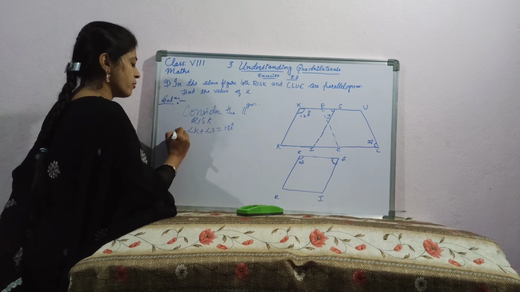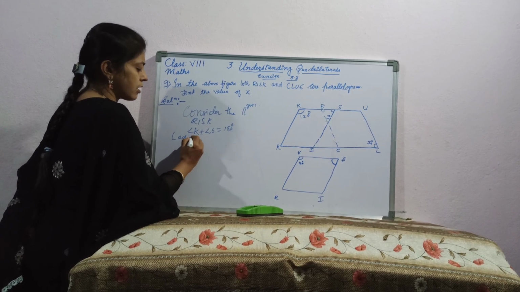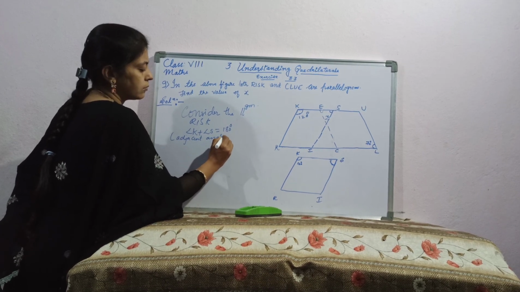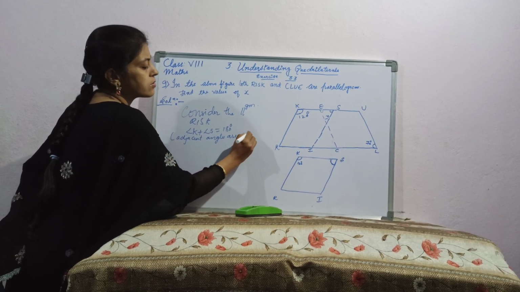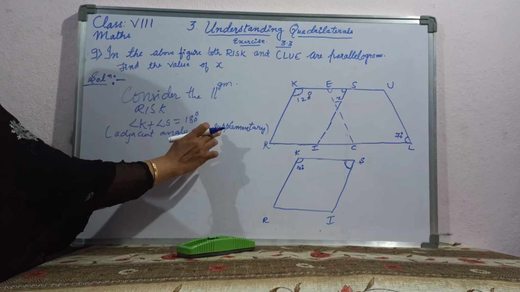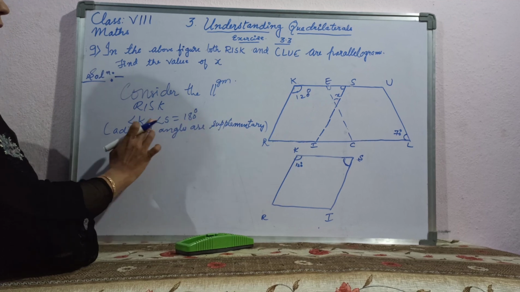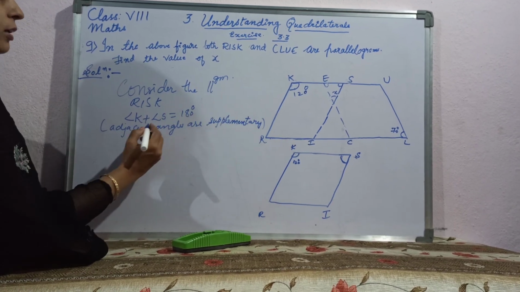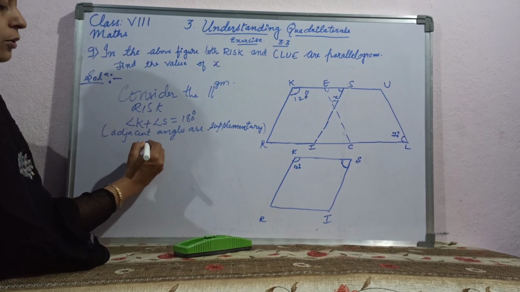This is because adjacent angles are supplementary, as we know this property. So in this case we know the measure of angle K, that is 120 degrees.